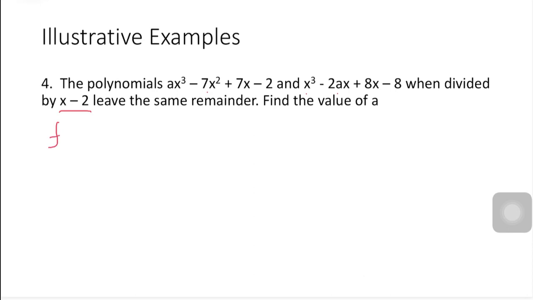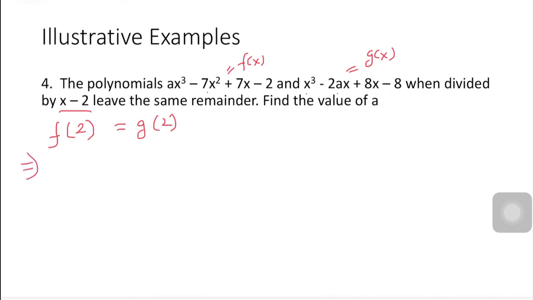Suppose the first one is f(x) and let's consider the second as g(x). The remainder when divided by x minus 2 will be f(2) for the first function and g(2) for the second function. It is said that f(2) is equal to g(2). So find the value of a.